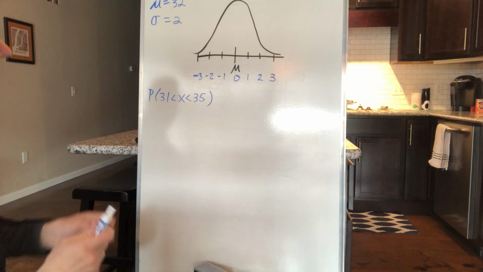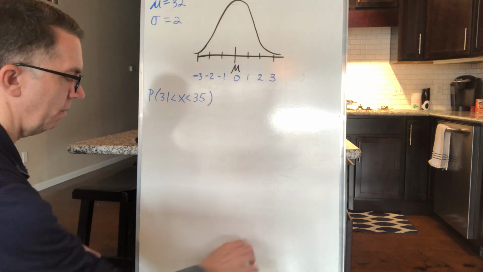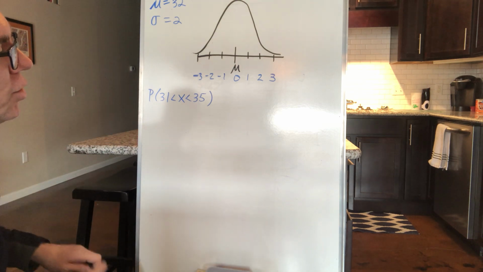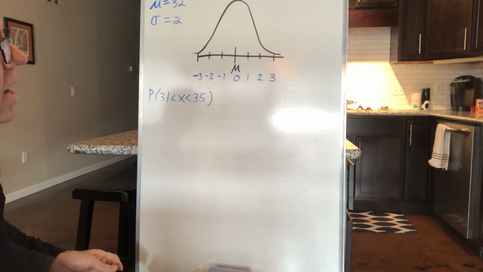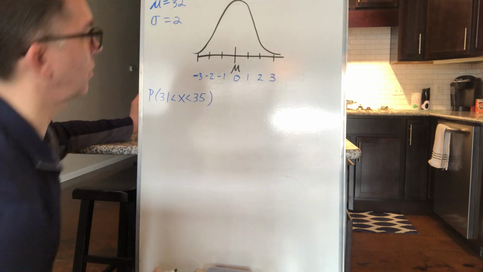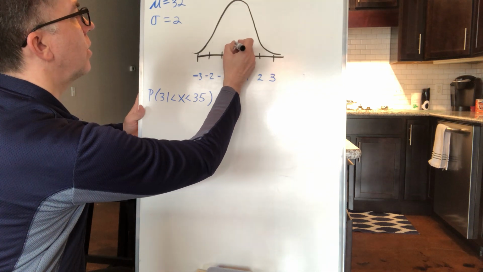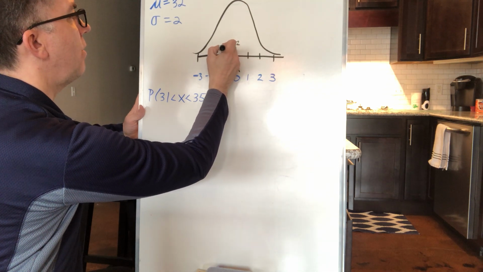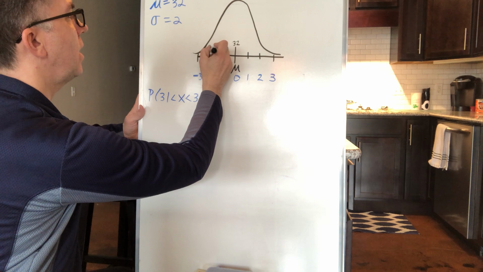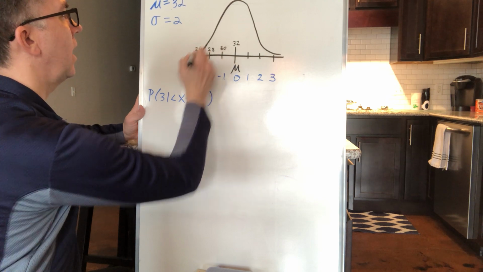All right, so I have my normal distribution here because we're going to say that Jeeps, which are manufactured, will have a miles per gallon distribution that is approximately normal. So if 32 is in the middle and we're 2 standard deviations away, we've got 32, 30, 28, and 26.